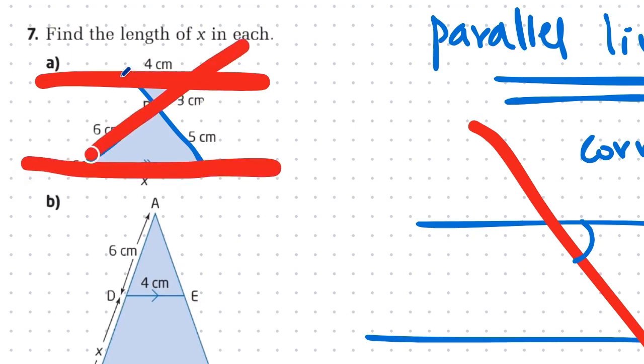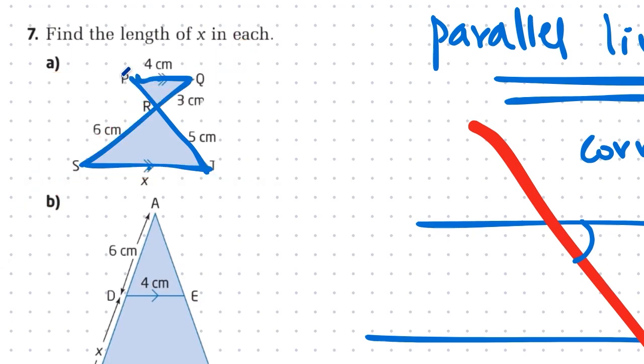If you are talking about this side, basically this angle is equal to this angle. Similarly, if this is the line that is crossing them, this angle should be equal to the other angle.